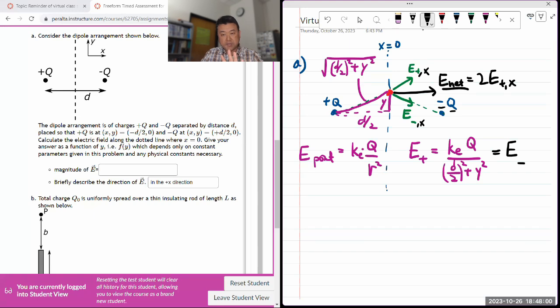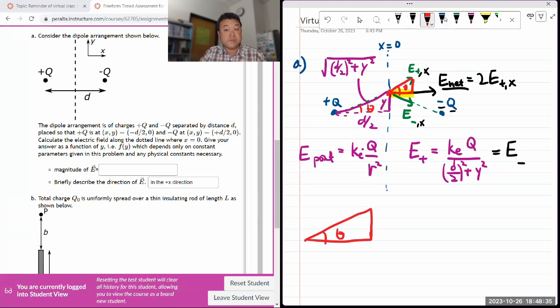For the x component, I'm basically considering this triangle here. That's the magnitude, and I have these two legs. And for the x component, I'm looking at this leg here. That's what I'm trying to figure out. So I need this angle here, which I'm not given, but I have enough sense of geometry to know that this angle is the same as this angle here. So this triangle will help me figure out how to get the x component.